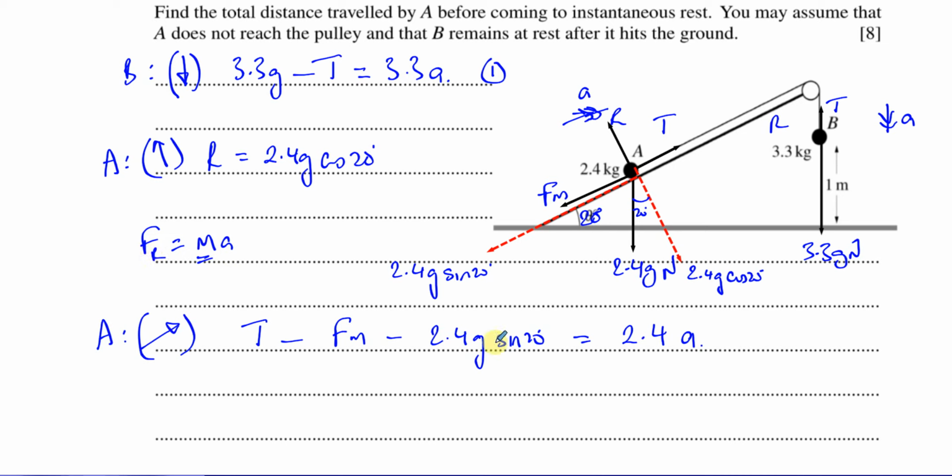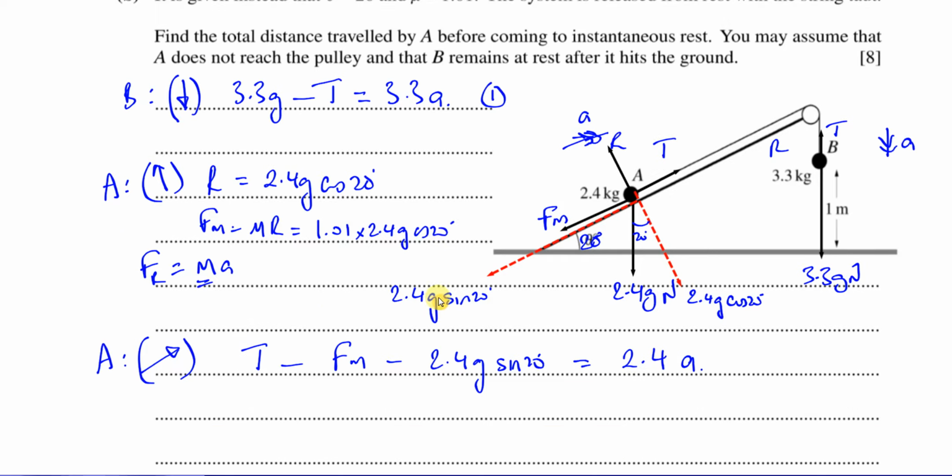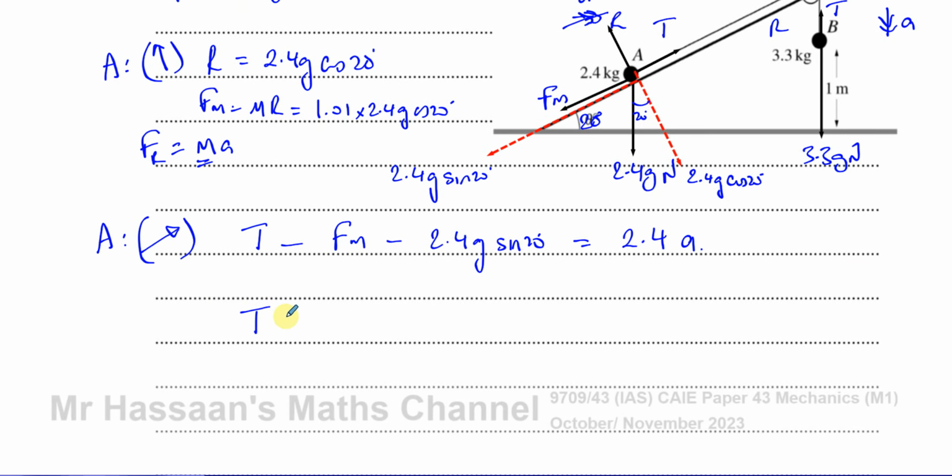We know that F max is equal to mu R, which is going to be 1.01 times 2.4g cosine 20. I'll leave it like that for now, because I don't want to round anything. So I've got here T minus 1.01 times 2.4g cosine 20 minus 2.4g sine 20 equals 2.4A.